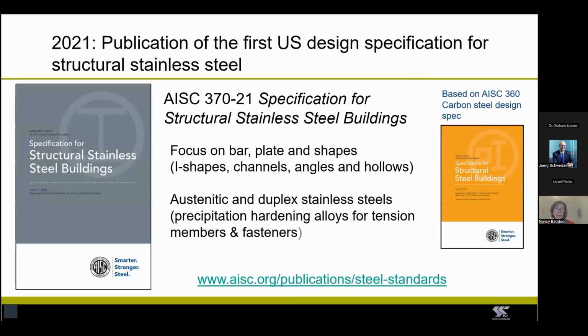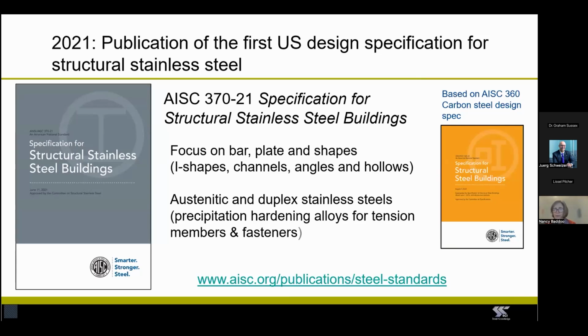Now, this is a pretty new American standard focusing on the design of bar, plate and shapes. So it's not cold formed, covers austenitic and duplex stainless steels, and also includes precipitation hardening alloys for tension members and fasteners.